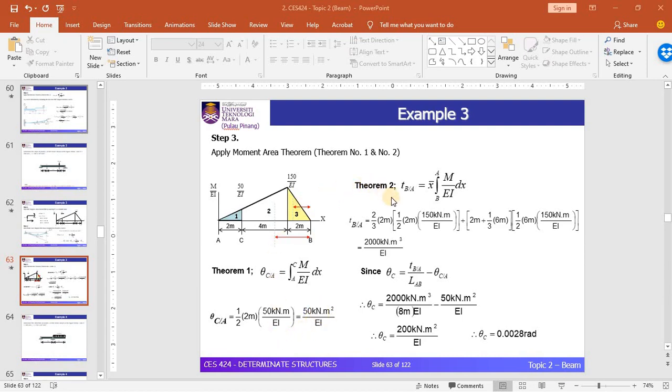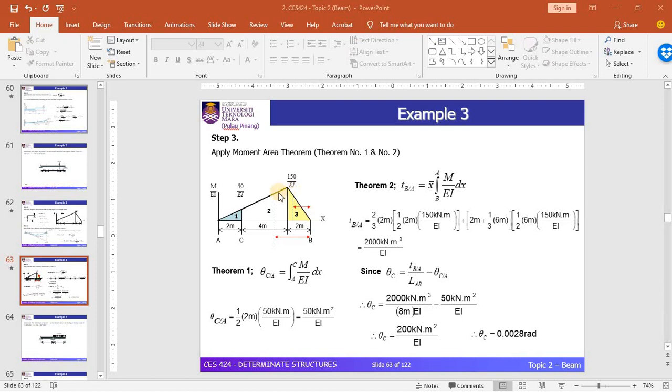Next is t_BA, which is based on the second theorem. We have seen this equation where x bar is multiplied by M over EI. Since the limit is A to B, looking at this M/EI diagram, the area covered is from point A to point B. This means we need to consider the entire area of the M/EI diagram.